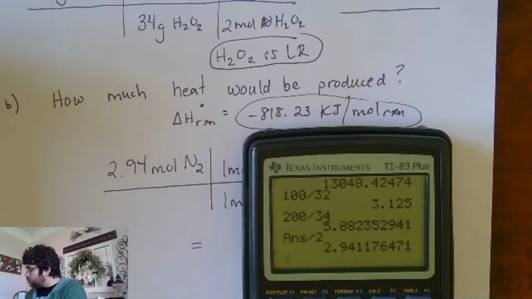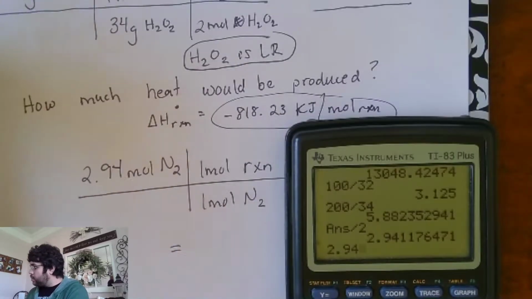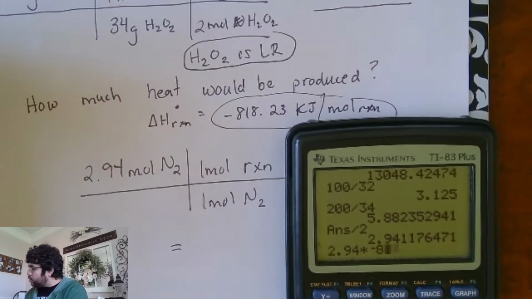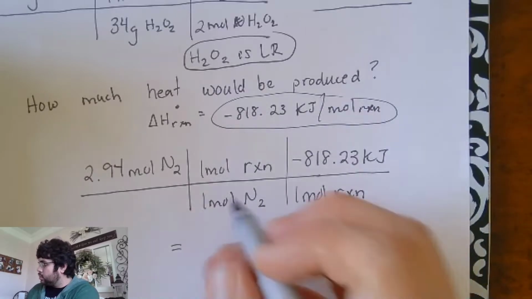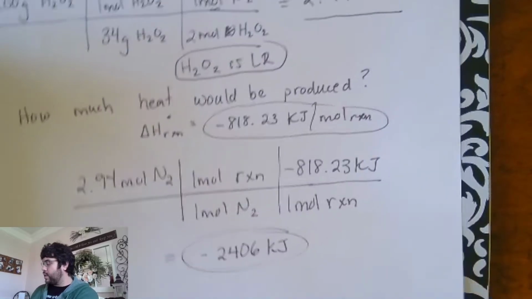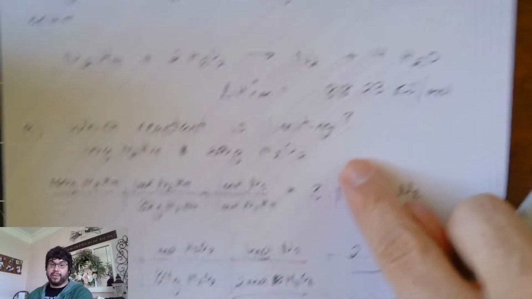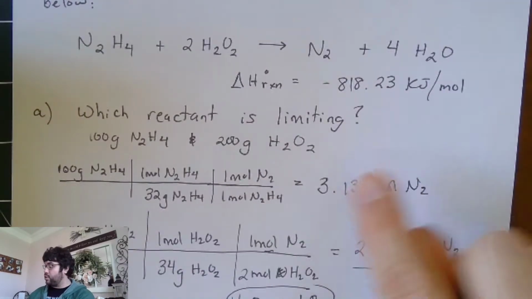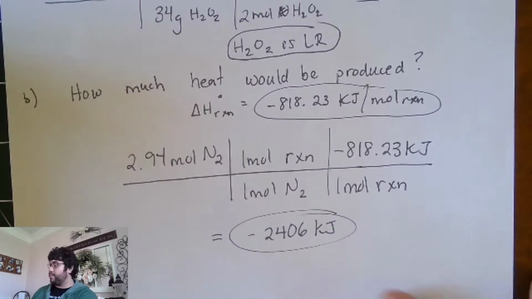So 2.94 times 1 times negative 818.23, and my answer is negative 2405. Let's just round that to negative 2406 kilojoules. So that's how much energy is released when this much stuff is used in the reaction. Ultimately, the H2O2 runs out first, and we make this much energy from that reaction.